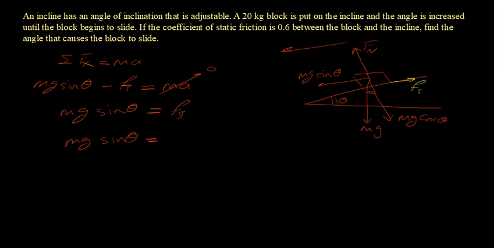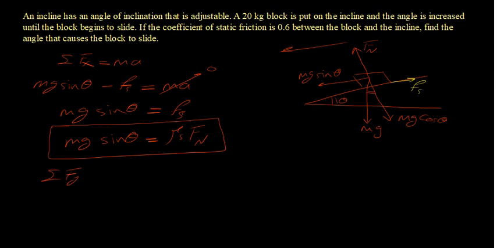Static friction is the coefficient multiplied by the normal force. Now, the normal force we can get from the y-axis. The total forces on the y-axis will equal ma. Again, that's from Newton's law. And here there is no motion, no acceleration on the y-axis, which means this term will be 0.